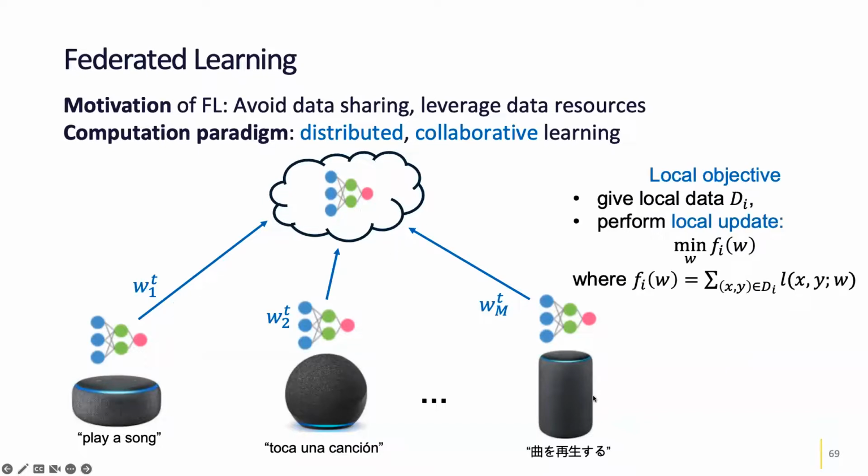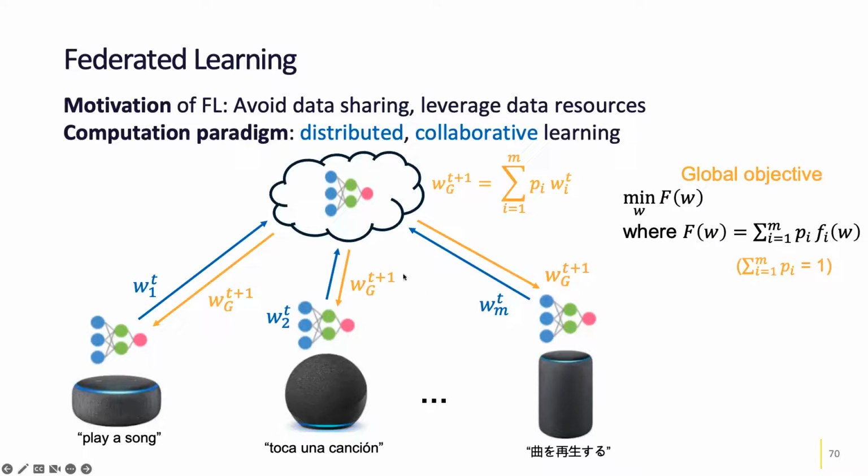And for the clients, the local objective is to obtain a set of good parameters that can minimize the loss on their local dataset. And from the server's perspective, after the server receives the model updates from each client, it performs model aggregation.